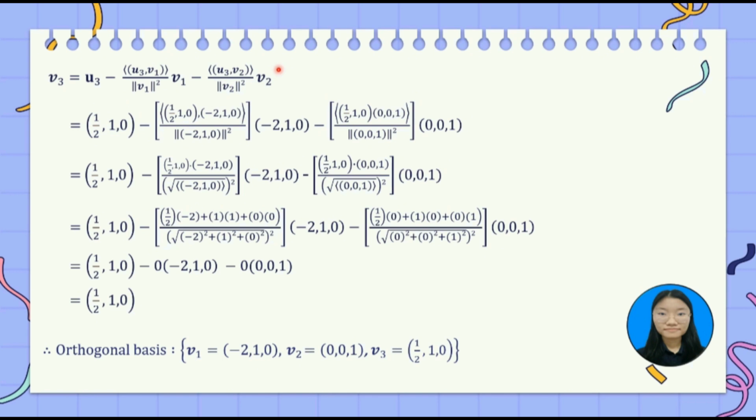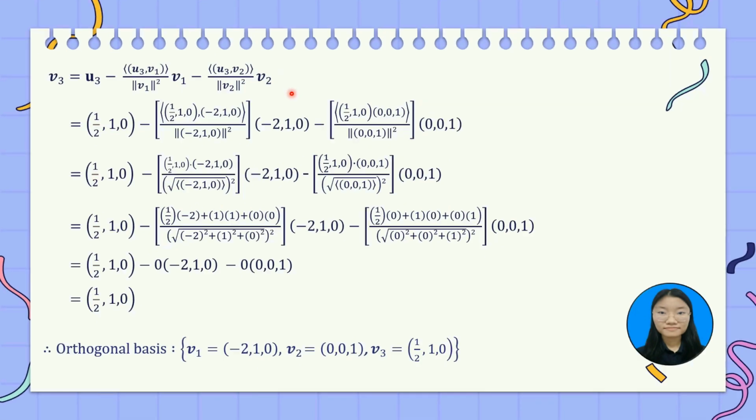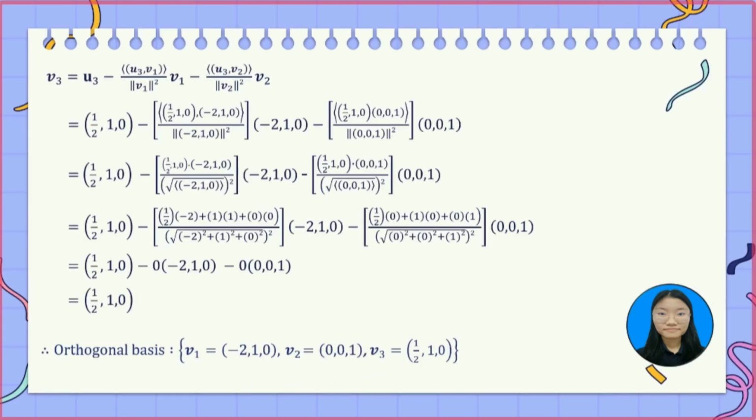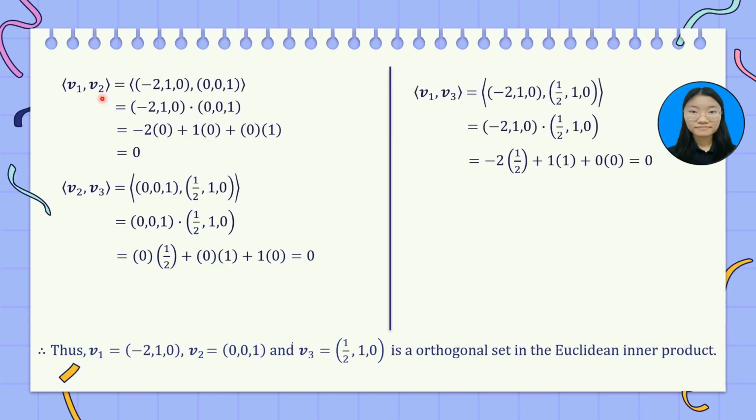Then we get the final answer of V3, which is 1/2, 1, 0. Now we get V1, V2, and V3, and we rewrite them in the form of an orthogonal basis. V1 equals -2, 1, 0, V2 equals 0, 0, 1, V3 equals 1/2, 1, 0.